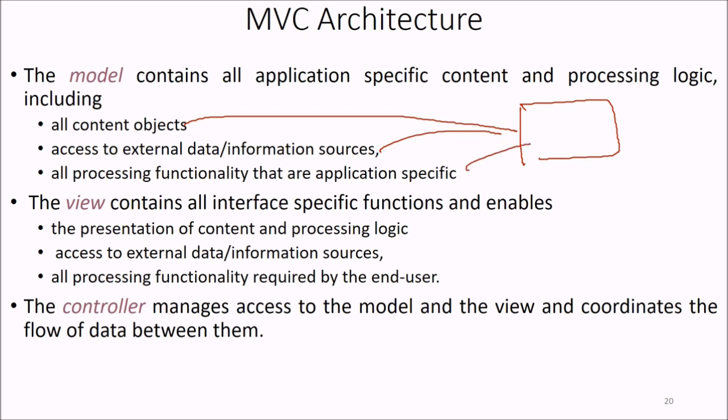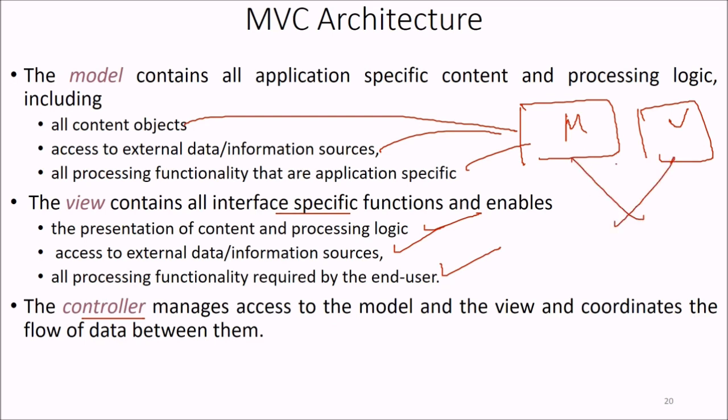The view contains all interface specific functions and will enable the presentation of content and processing logic, the access to external data information sources, and all processing functionality which are required by the end users. And what about the controller? This will manage access to the model and the view, and coordinates the flow of data between these two. This is the controller.